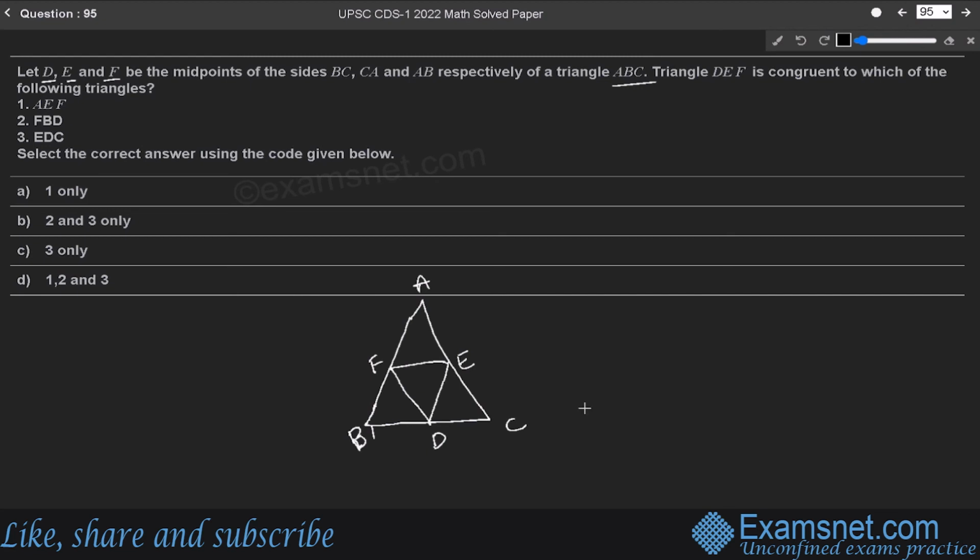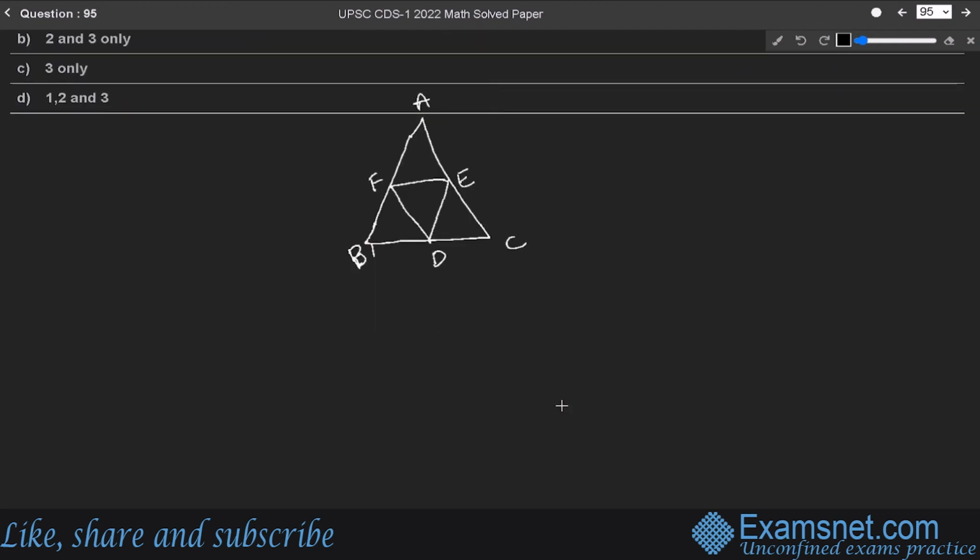Now, from this diagram, according to the midpoint theorem, the line segment in a triangle joining the midpoints of two sides of the triangle is parallel to the third side and is also half the length of the third side. So, by using the midpoint theorem, we can say that DE is equal to half of AB and DE is parallel to AB.